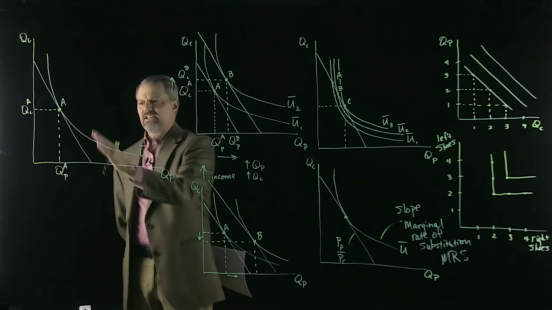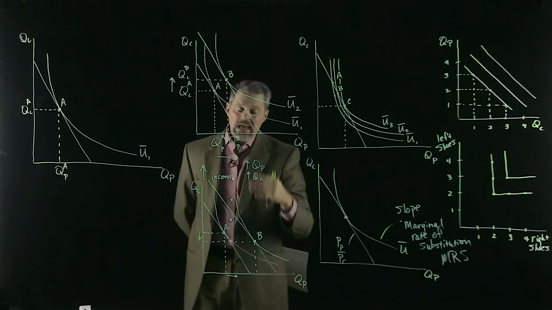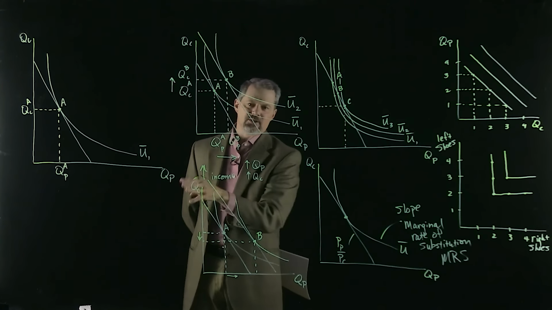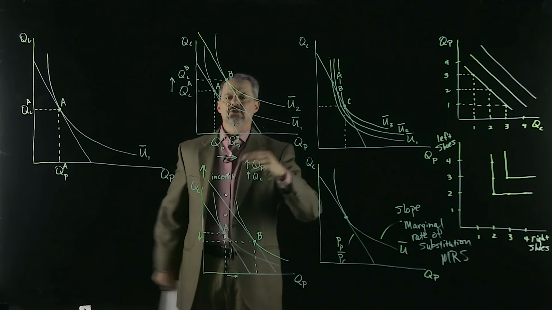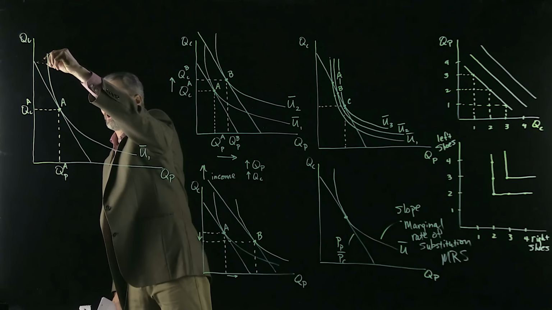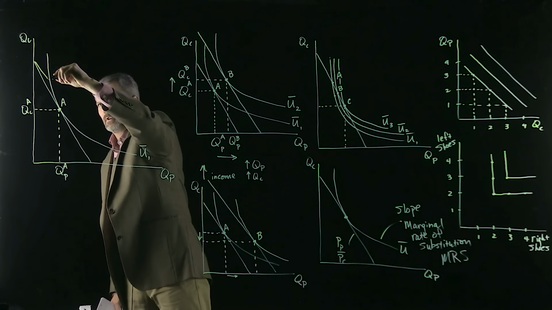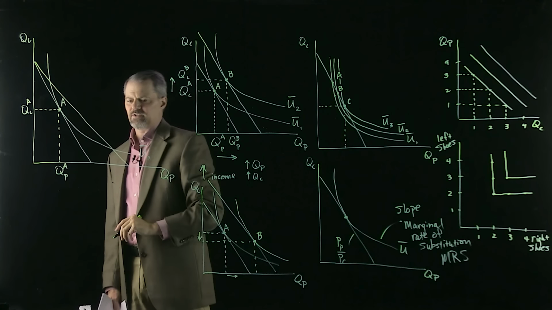Now, when you're drawing pictures of this stuff, I always encourage my students to make your changes in your budget constraint large. How much it shifts depends on how much price changes. But if you're just drawing pictures like this, it's easier to draw everything if things are more spread out. So I'm going to have a large decrease in the price of pizzas, something like that. Shifts out a lot.